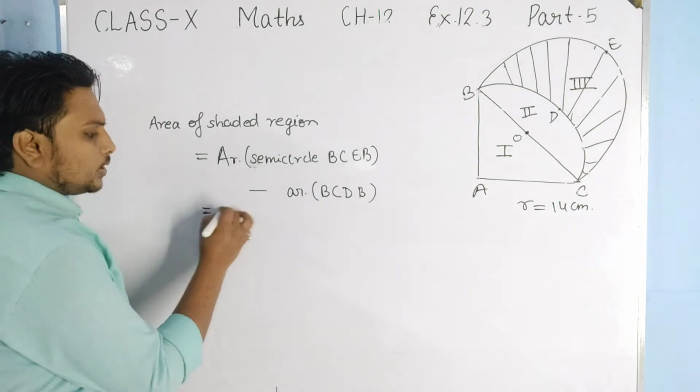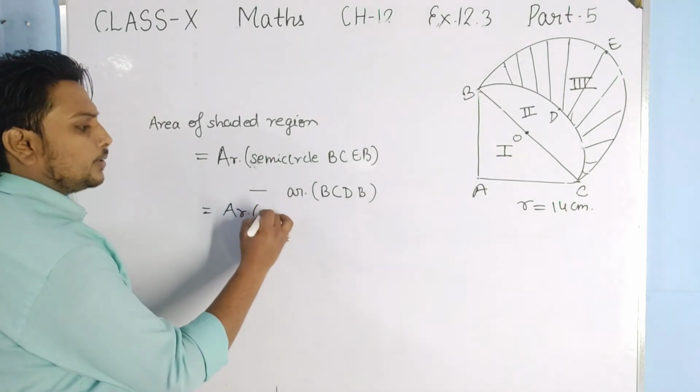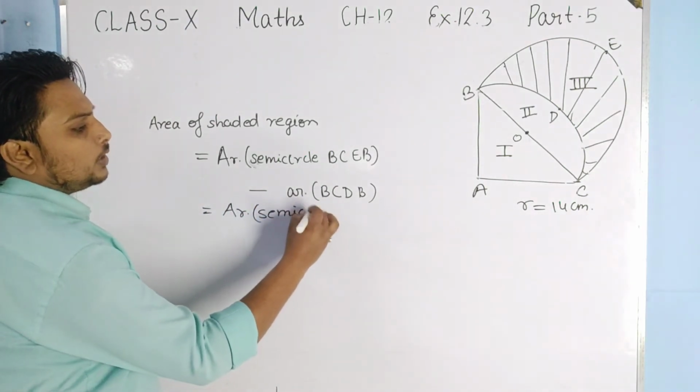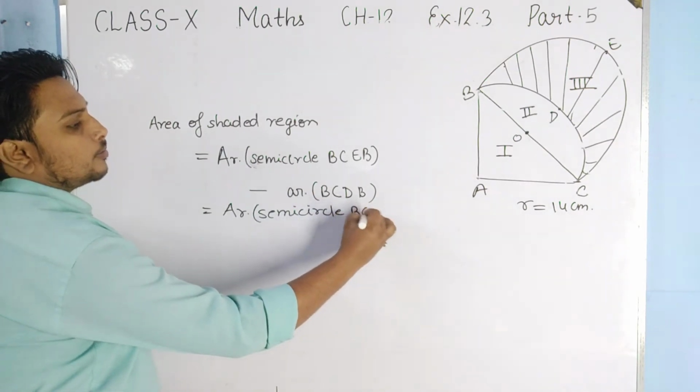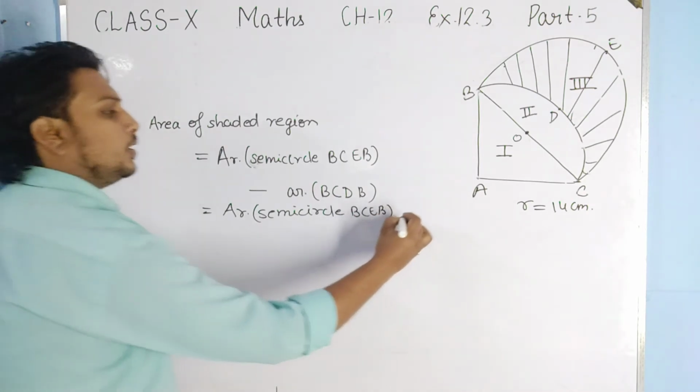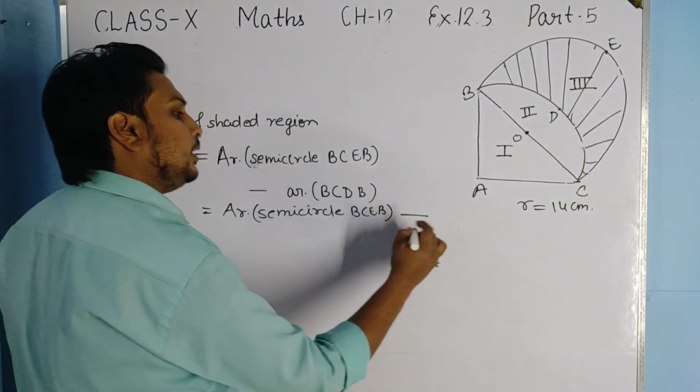Now the question is, how will we get the area of BCDB?